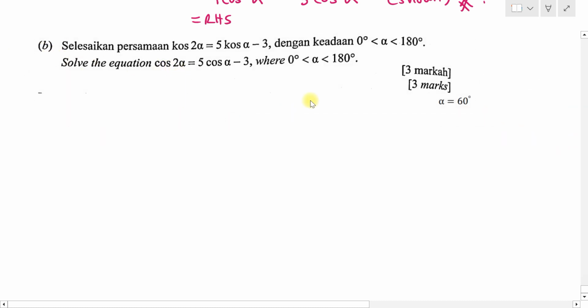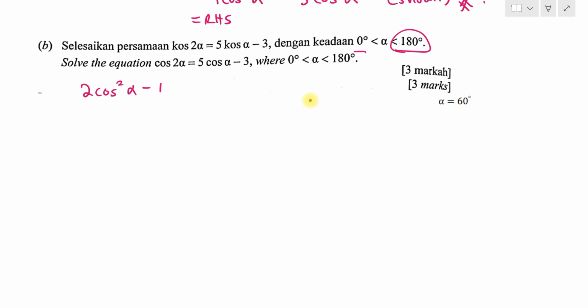Okay, cos 2 alpha is equal to 5 cos alpha minus 3. Okay, so you need to find the alpha 0 until 180 only, according to the question. Okay, so we look at cos 2 alpha, make it everything alpha, cos is easier, so 2 cos square alpha minus 1. I use this identity, 5 cos alpha minus 3.